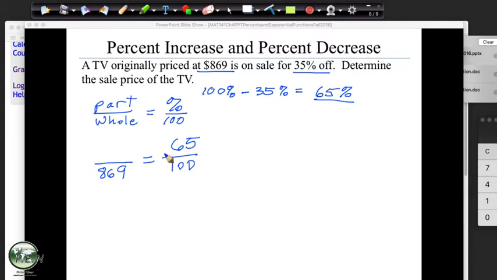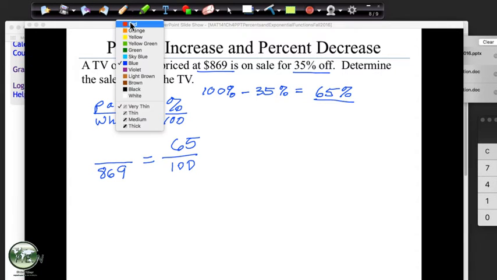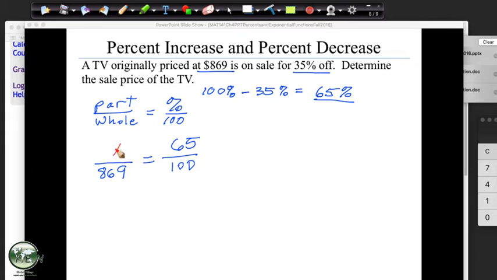And again, you could still make a mistake, but you're less likely to make mistakes this way. Okay, so we're looking for that. Cross multiply, divide. I don't even have to explain about moving decimal places because it's all built in here. 65 times 869, and then divide by 100.